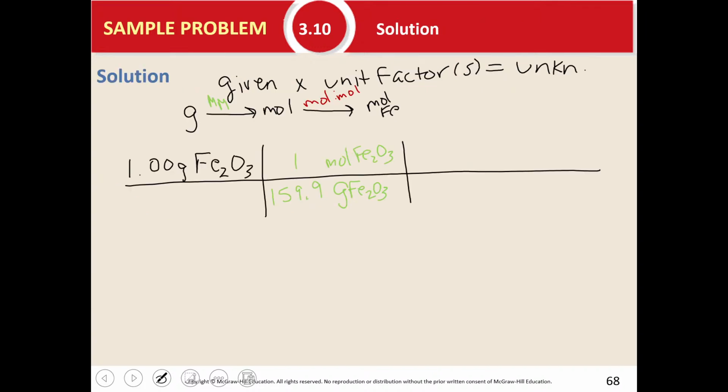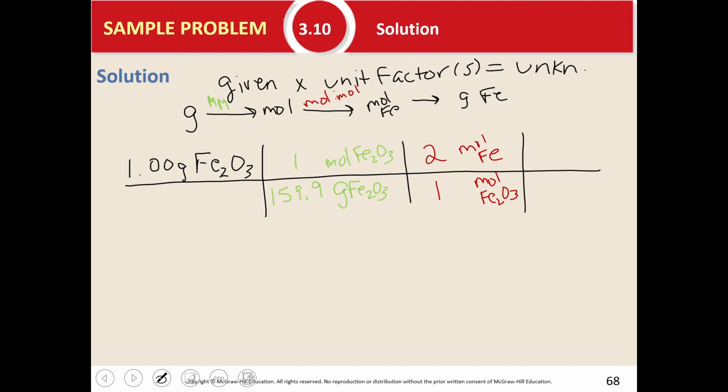So I want to get rid of moles Fe2O3, and I want moles of iron, and it was 2 moles of iron to every 1 mole of the iron(III) oxide. Then finally, I'm going to get to grams of the iron because that's what it asked for.